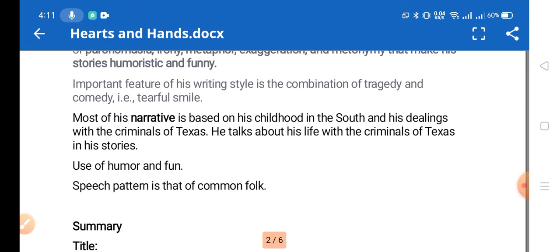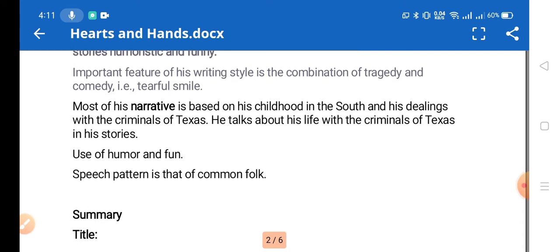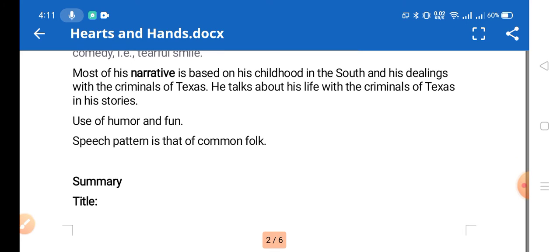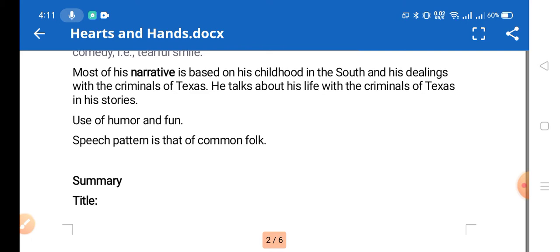funny. An important feature of his writing style is the combination of tragedy and comedy, the tearful smile. He combined them in such a manner, and most of his narrative is based on his childhood in the South and his dealing with the criminals of Texas.